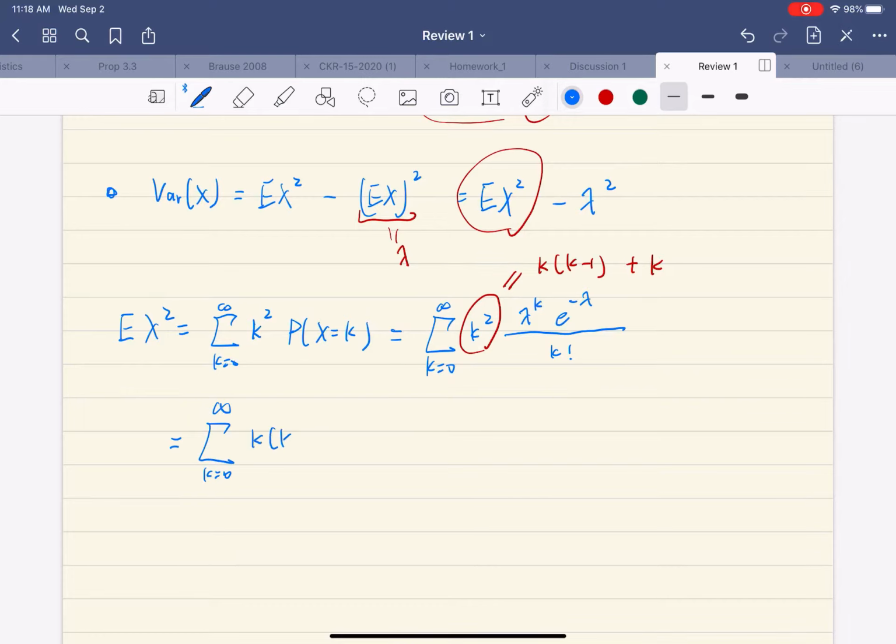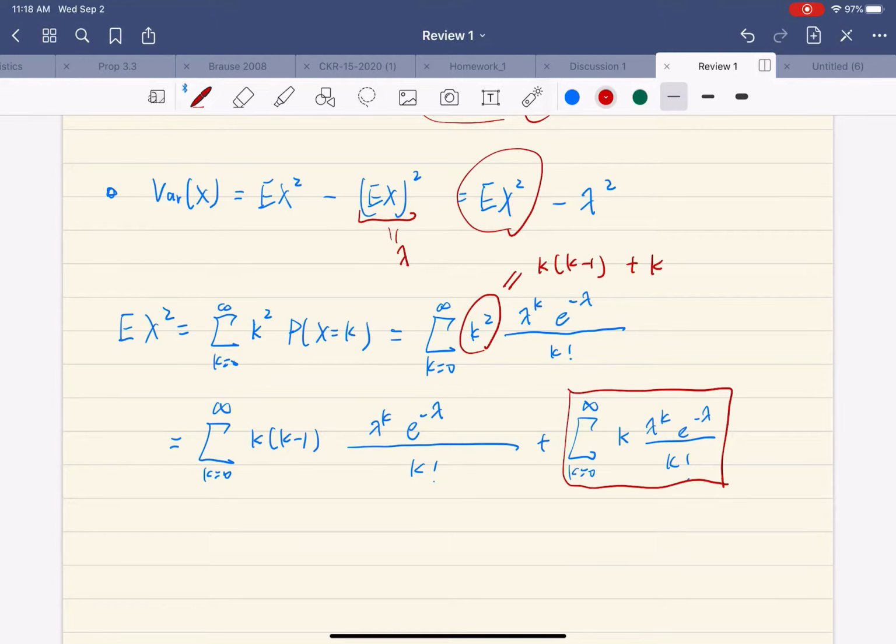The summation of k times k minus 1 over k factorial, plus the summation k equal to 0 to infinity of k times the probability. Okay, the second term is equal to the average of X, so it's equal to lambda.